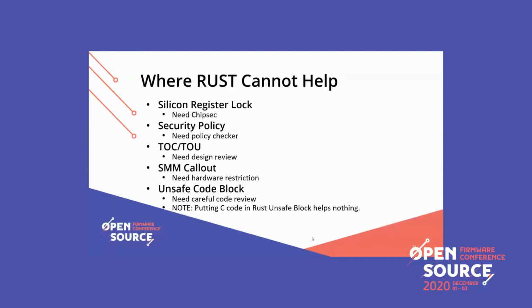SMM callout prevention requires hardware restrictions such as SMM code access check MSR or non-executable in the SMM page table. The last thing is the unsafe code block in Rust for C interaction. The unsafe block always needs careful code review. Please be aware that putting some code in a Rust unsafe block does not help from a security perspective.